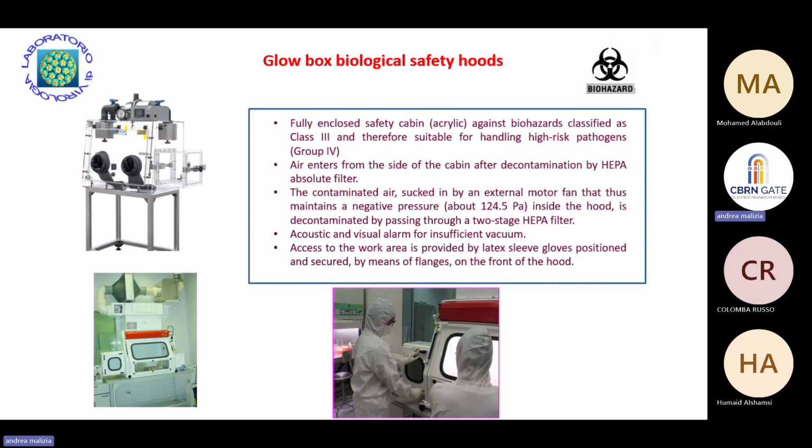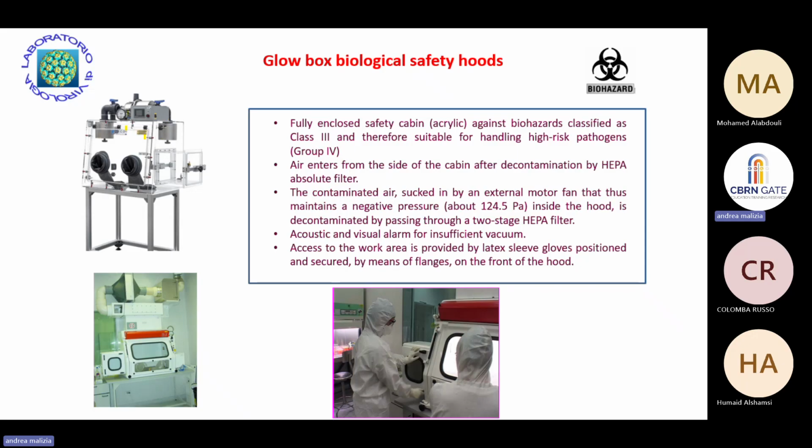Why? In this situation, for example, is a BSL-3 plus. You handle the positive sample in this glove box cabinet, where inside there is only handling, and the negative pressure in this cabinet is measured compared to the outside of the cabinet.